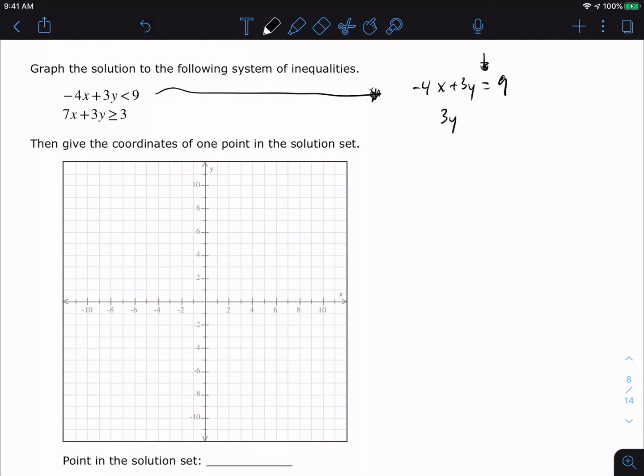So I'm going to go 3y is equal to a negative 4, oops, it becomes a positive 4x plus 9, and then dividing by 3, I'm going to get 4 over 3x plus 3. Do you guys agree with what I got there?